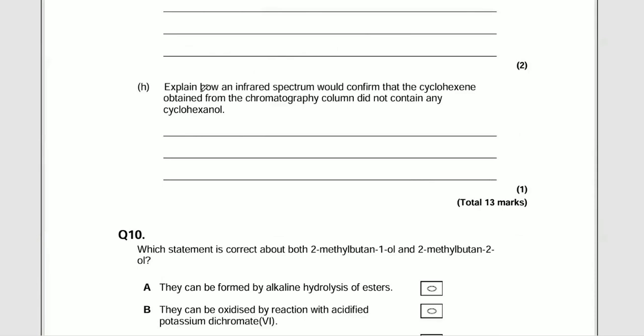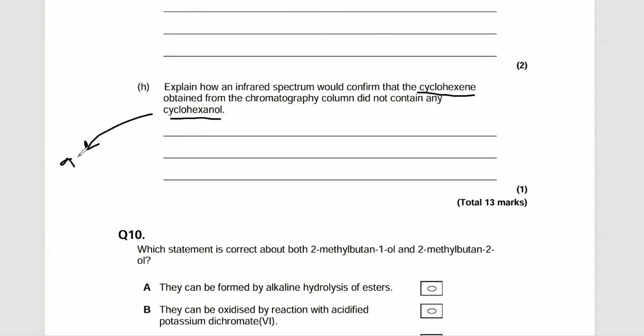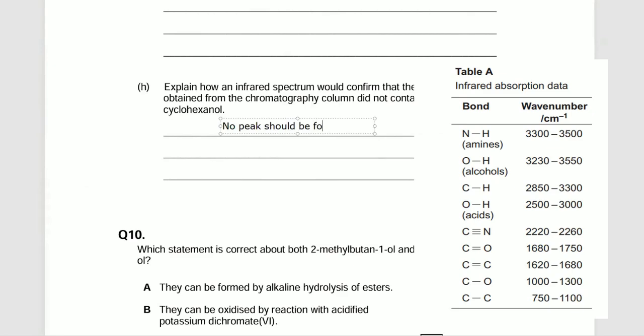H. Explain how an infrared spectrum would confirm that the cyclohexene obtained from the chromatography column did not contain any cyclohexanol. So the way to confirm this is to look at our data book, which comes with your exam, and check if there's an OH bond on the infrared spectrum. So let's get that up now. What we're doing here is checking to see if any of our reactant, our cyclohexanol, is there where it shouldn't be in the product.